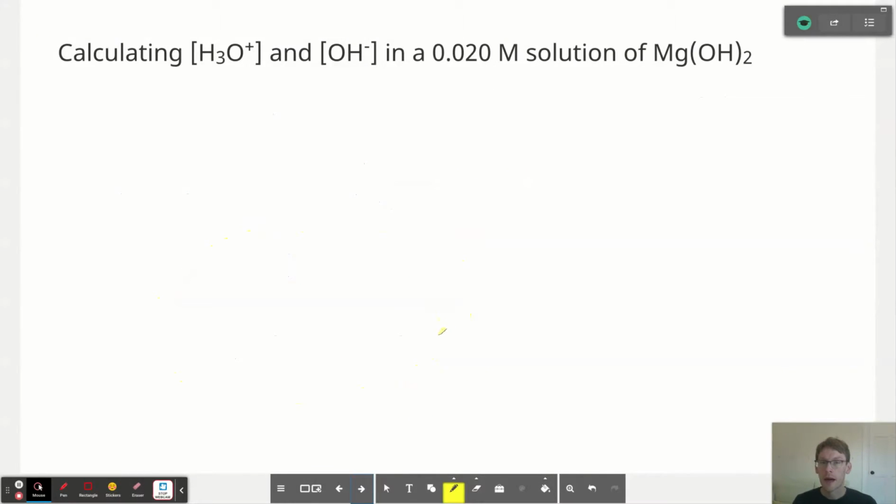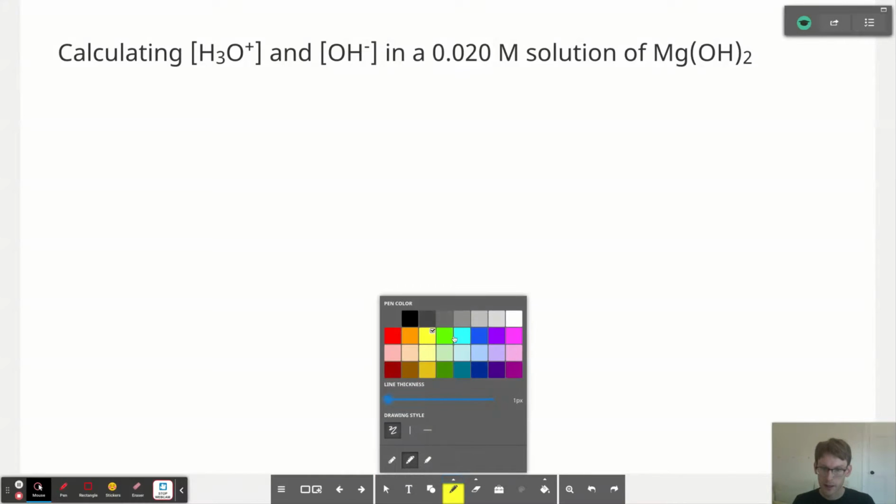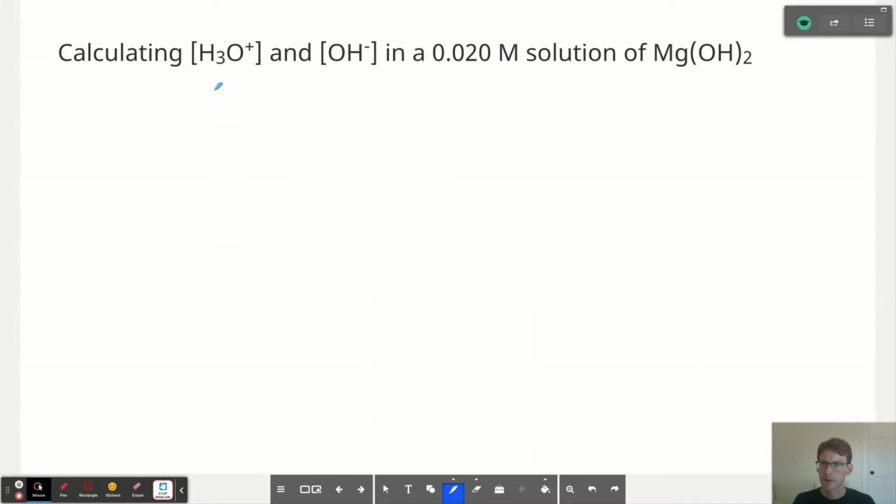Great. Now let's say we have a 0.020 molar solution of magnesium hydroxide. In that case, we should probably write out the equation: Mg(OH)2 yields Mg2+ plus 2 OH-.